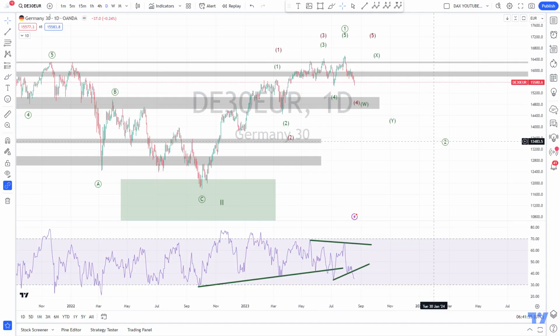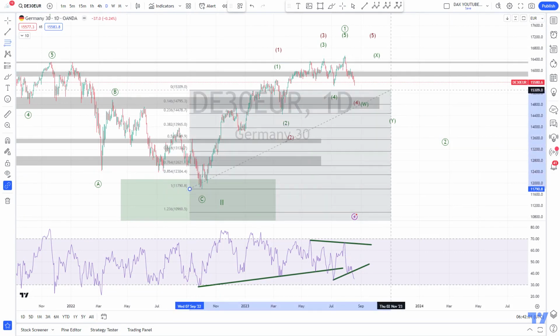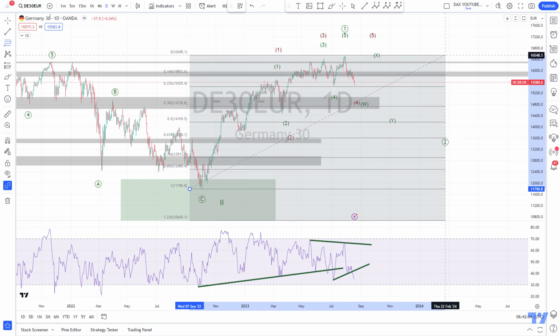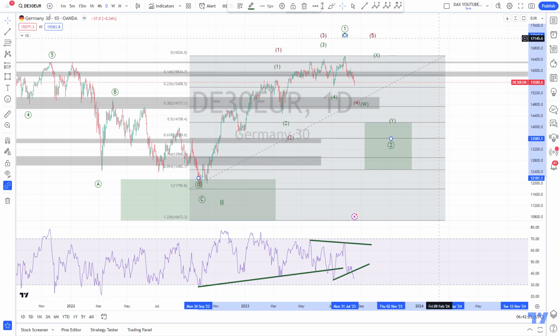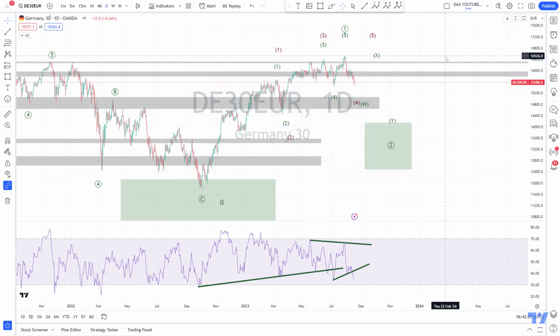If we are pulling back, then we know this was our wave one high, and then we can look for the area where our wave two should go. So this is the area between the 0.5 and the 0.854 Fib retracement. So this would be our target as a wave two.